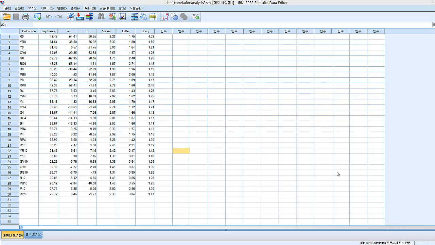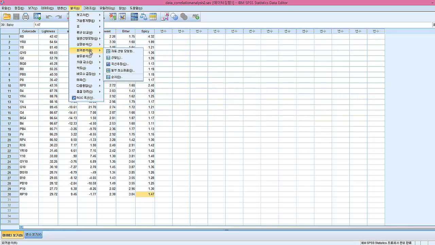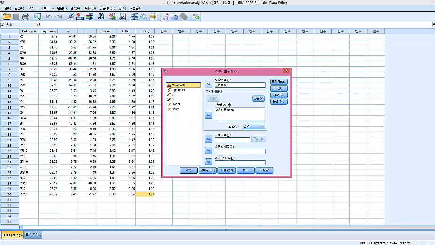And let's try the regression analysis in SPSS. We have the same data set, and the analysis, regression analysis, and then linear. The independent variable here, and the dependent variable, the bitterness. Okay. Here we have the same R square value, and the ANOVA test shows the statistical significance.